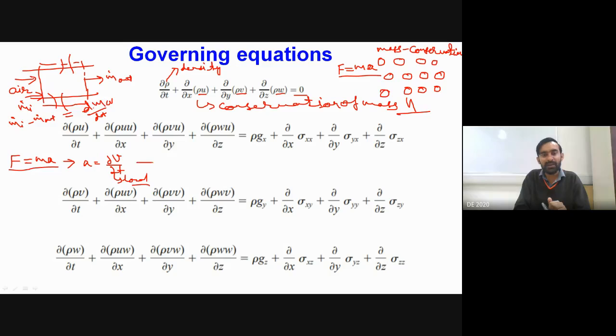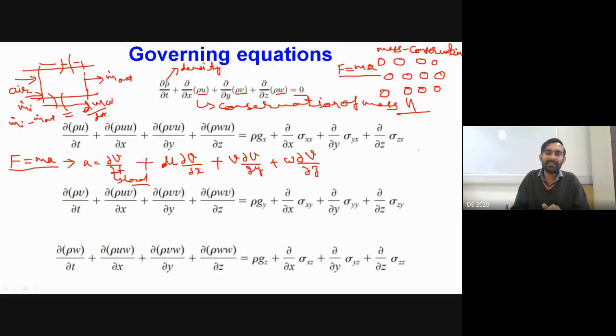Another important acceleration, particularly in case of flow of fluid, will be u times del v by del x, if I am writing this particularly for velocity v, plus v times del v by del y plus w times del v by del z.